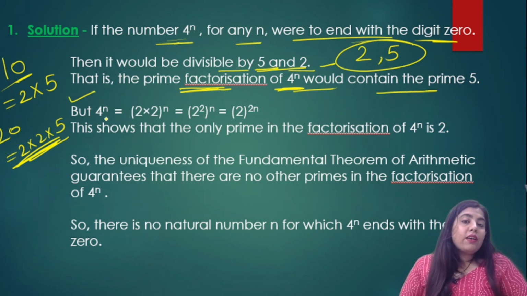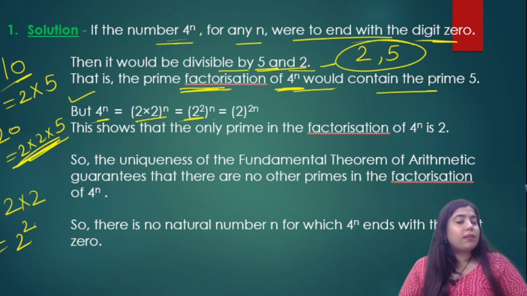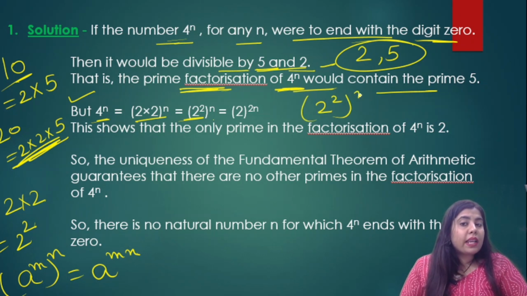But we can write 4 raised to the power n as 2 multiplied by 2, whole raised to the power n. We can write 2 multiplied by 2 as 2 squared, so I am writing it here as 2 raised to the power 2, and that whole raised to the power n. And we also know that a raised to the power m, raised to the power n, is equal to a raised to the power mn. So from here, 2 raised to the power 2, raised to the power n, is equal to 2 raised to the power 2n.